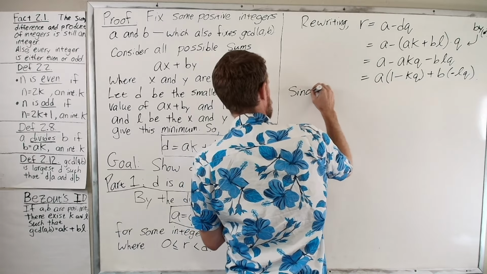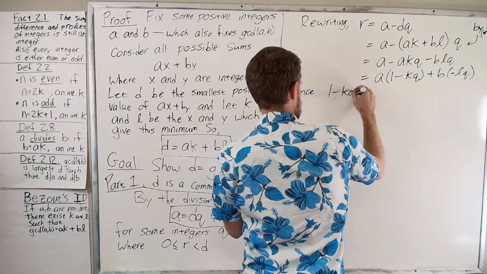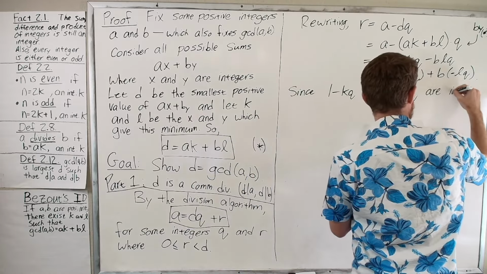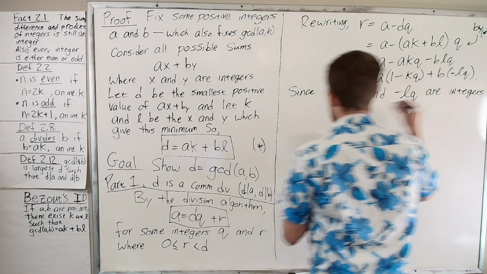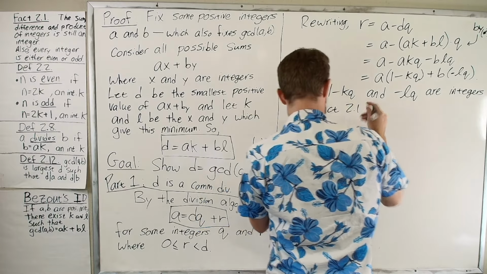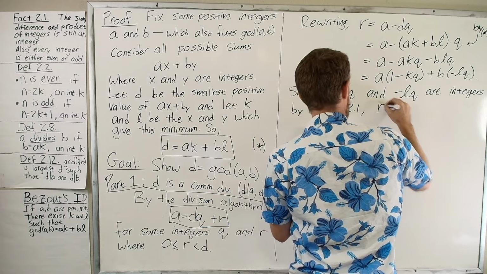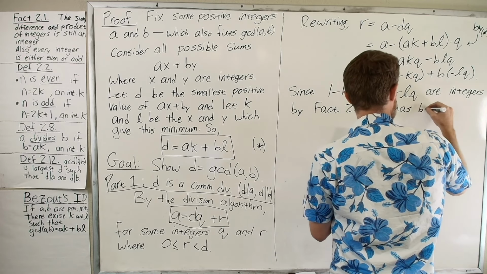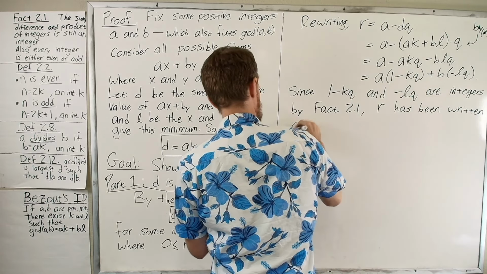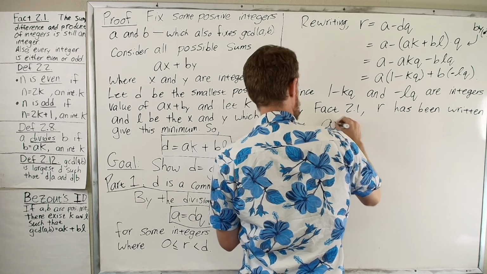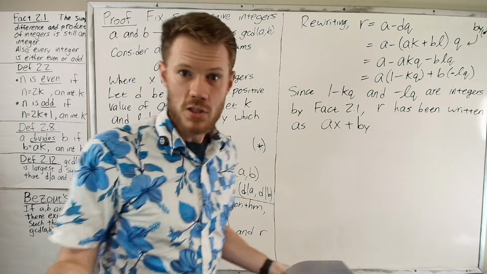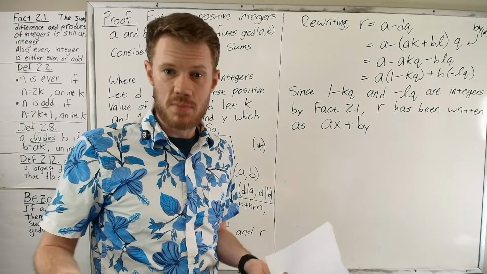So since 1 minus KQ and negative LQ are integers by fact 2.1, R has been written as AX plus BY. Okay, so R is one of these AX plus BY things.